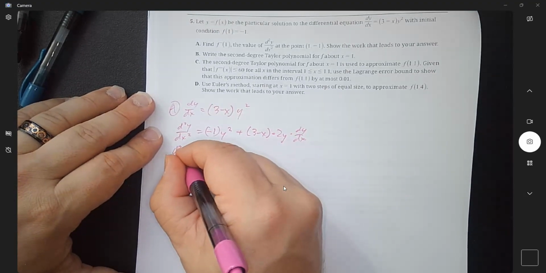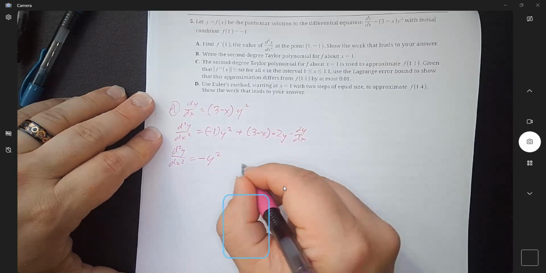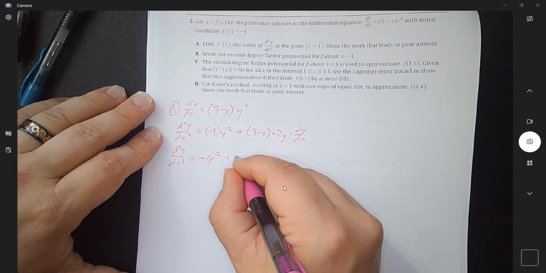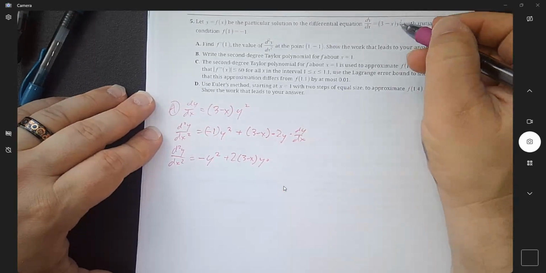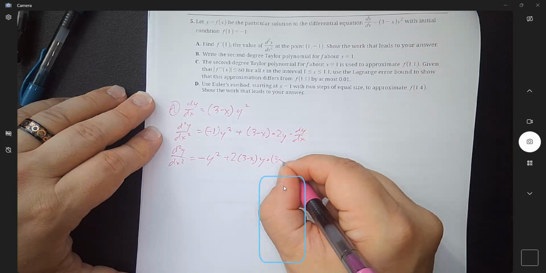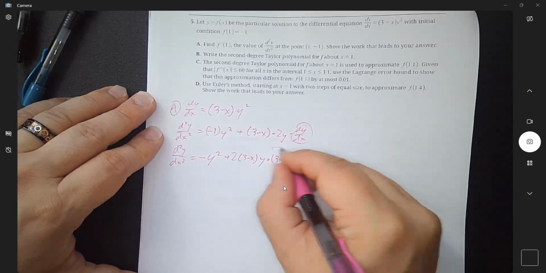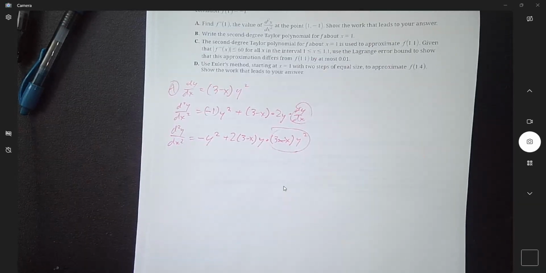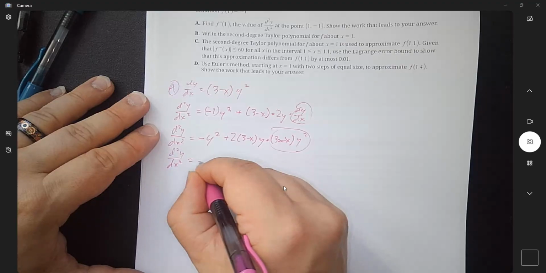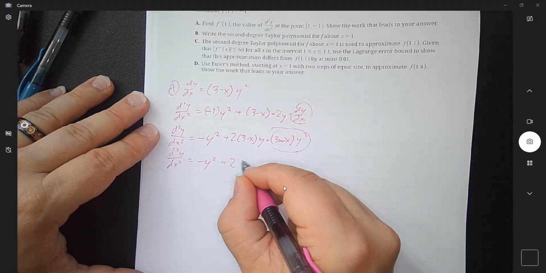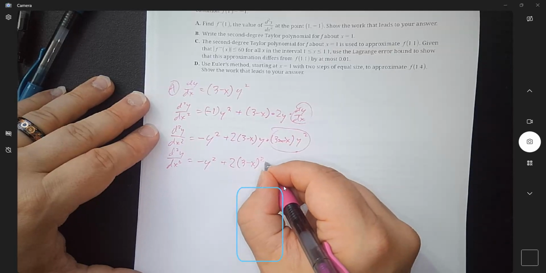So d squared y over dx squared is going to be -y squared plus (3 minus x) times 2y, and then what is dy/dx? Another (3 minus x) times y squared. That's it. Do you see how I did that? Let's simplify this. d squared y over dx squared equals negative y squared plus 2 times (3 minus x) squared times y cubed.